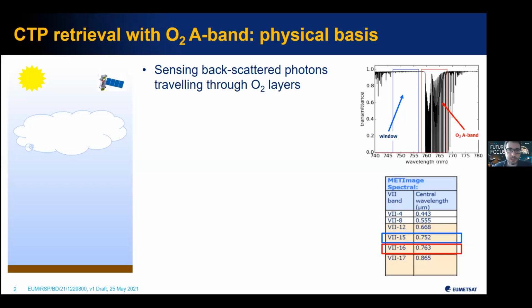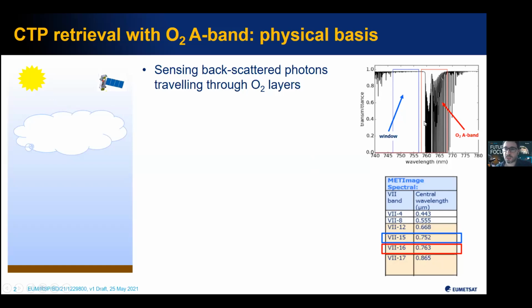So here's the physical basis. In this case, we are looking at the daytime product because we need the solar radiation. So we're looking at the backscattered solar radiation from the top of the clouds. And in particular, we are looking at two particular VII channels, 0.763 and 0.752.